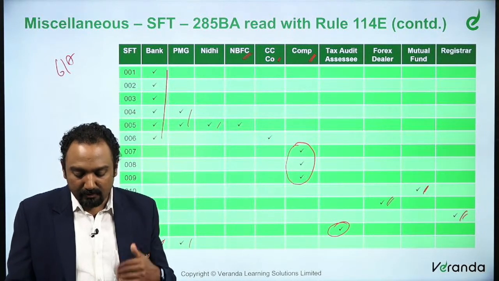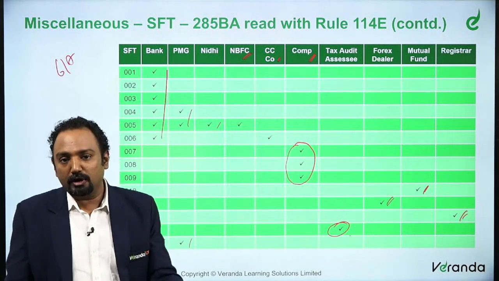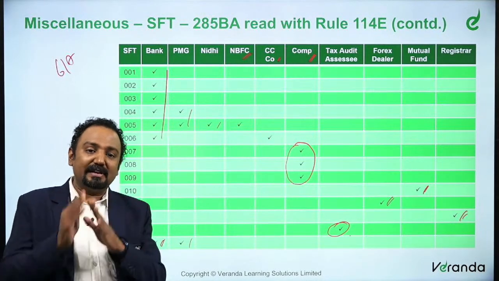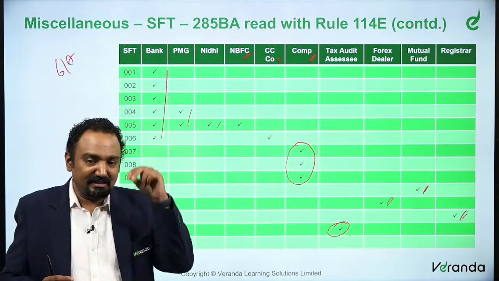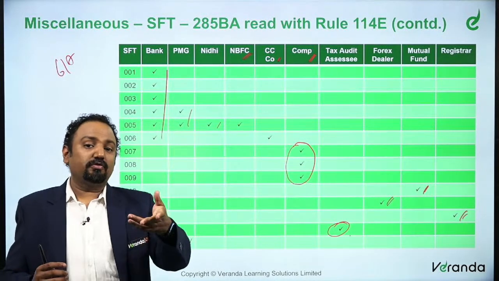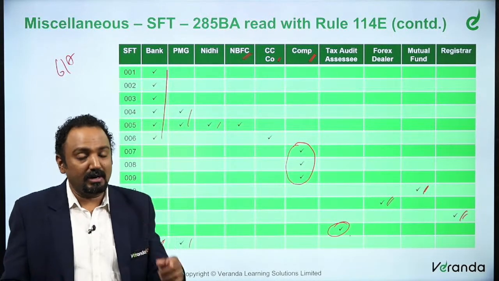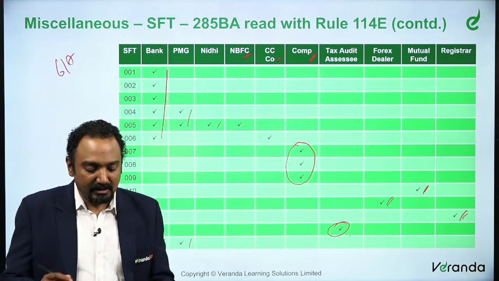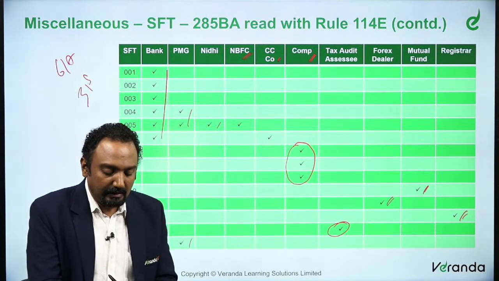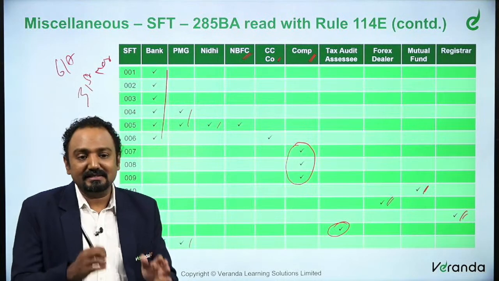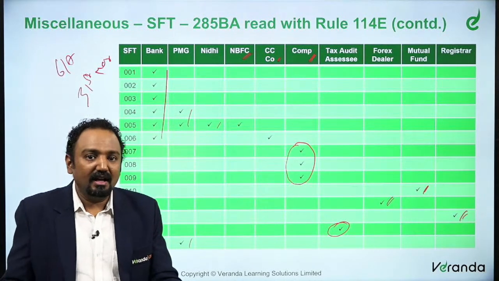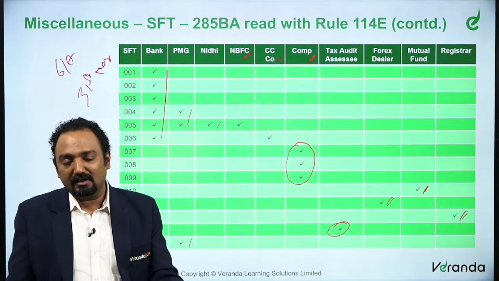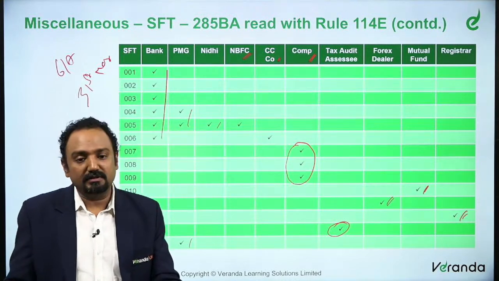And what is applicable for SFT 13 will be reported by the tax audit assessee. So, these are the applicabilities. These persons must file form 61A once in a year. The due date is 31st May, that is within 60 days from the end of that particular financial year.